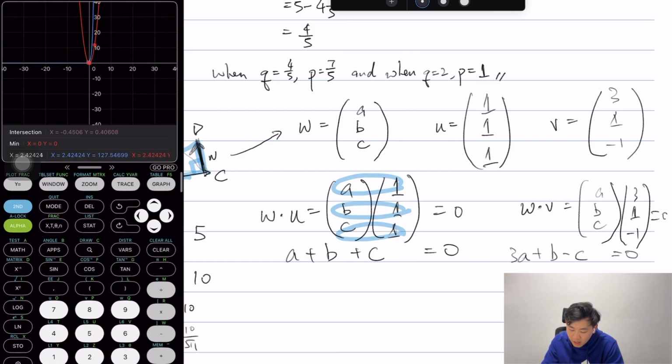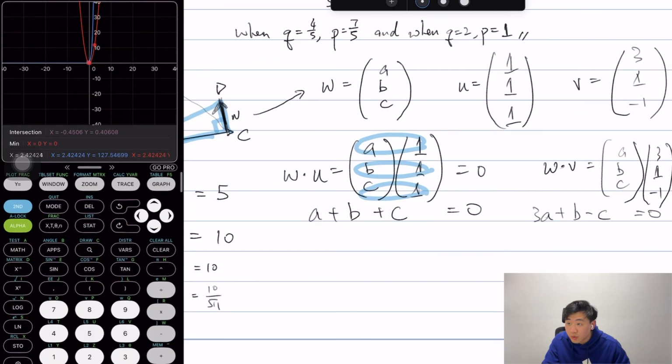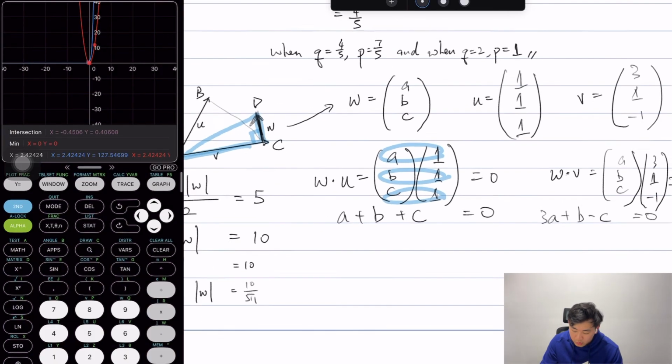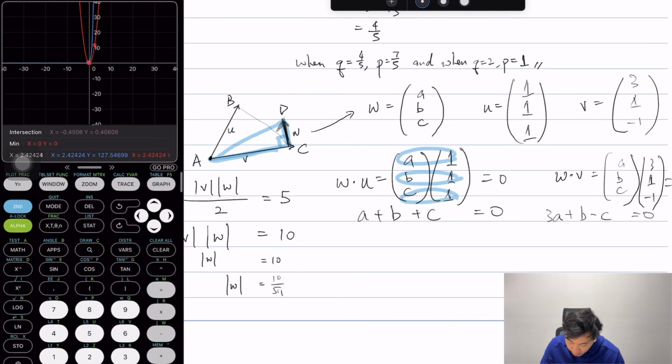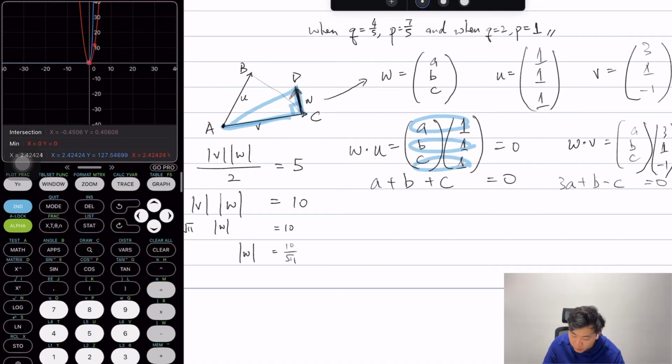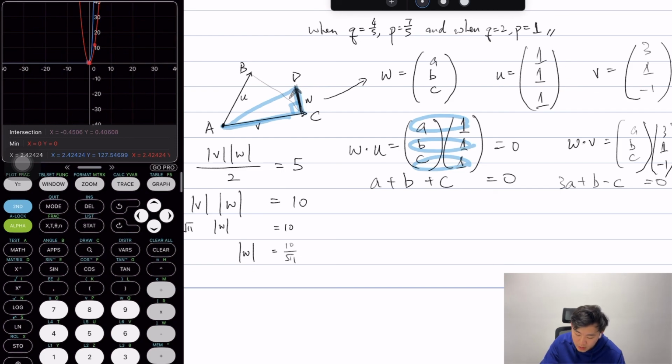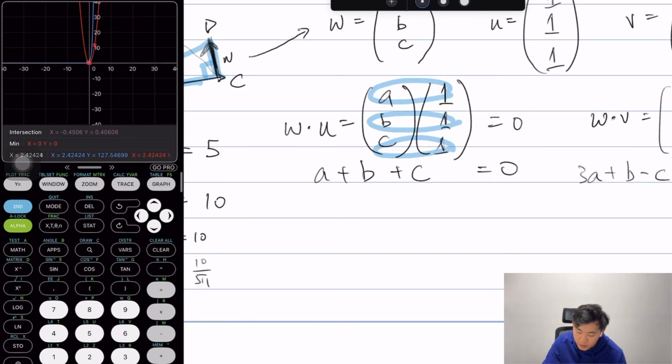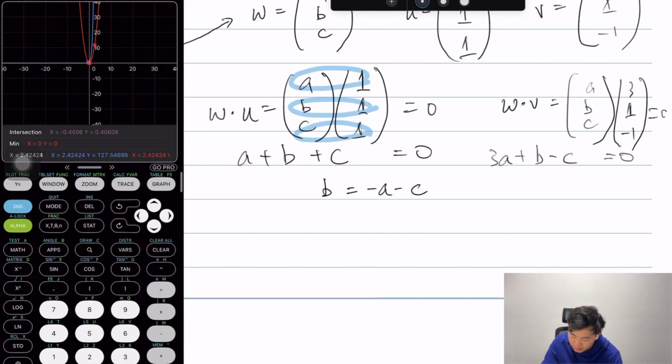Okay, so now what can we do? We try to substitute and make use of it. We do know that B is equal to -A minus C. And B is also equal to C minus 3A.